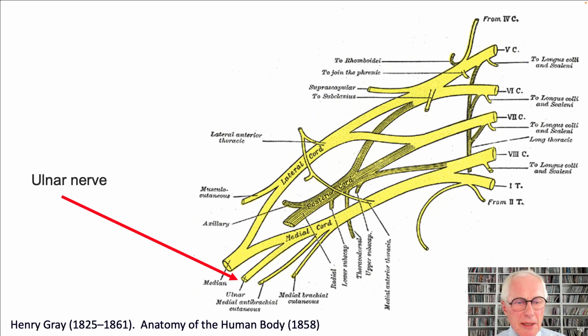The ulnar nerve leaves the plexus brachialis from the medial cord, so it gets innervation from the spinal levels C8 and T1.